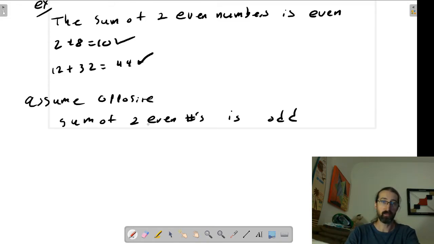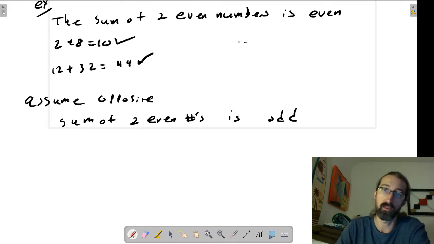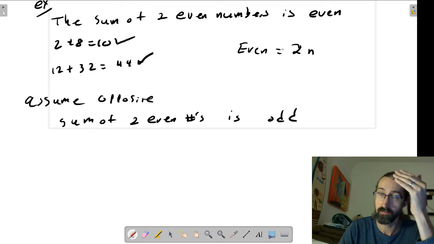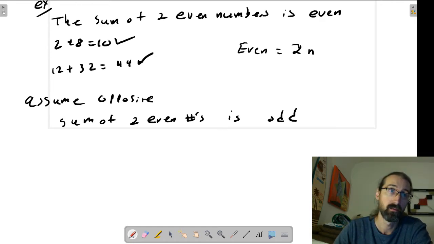Well, what did we say about even numbers and odd numbers, right? I said that an even number was 2 times something. Even numbers are numbers that are divisible by 2. Even numbers are 2 times some n, where n, it's important to note here, is an integer.